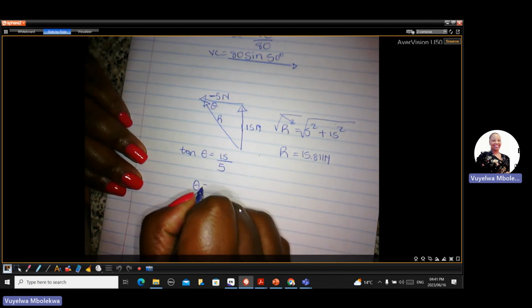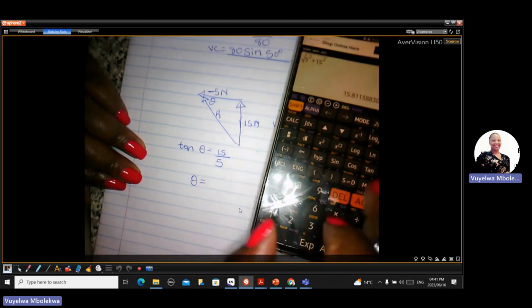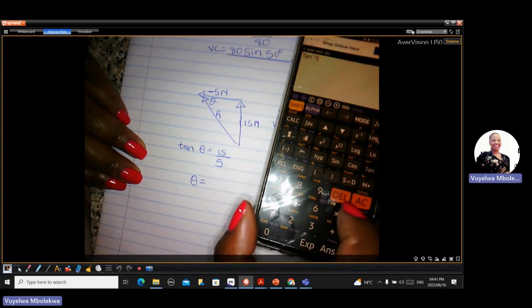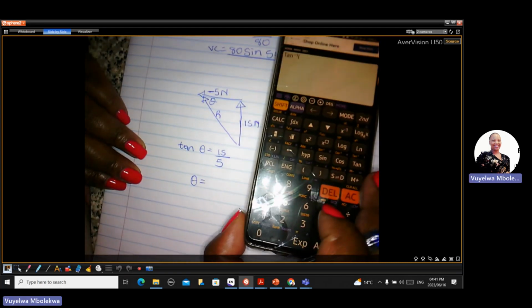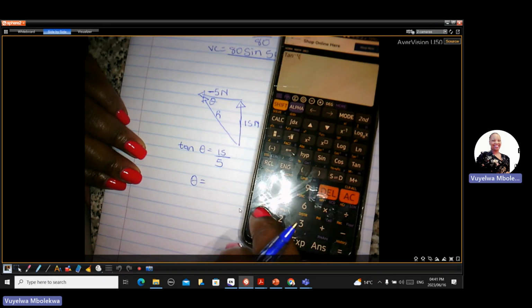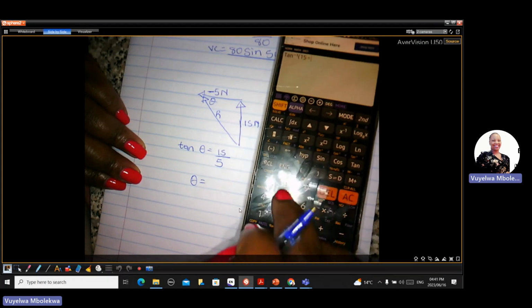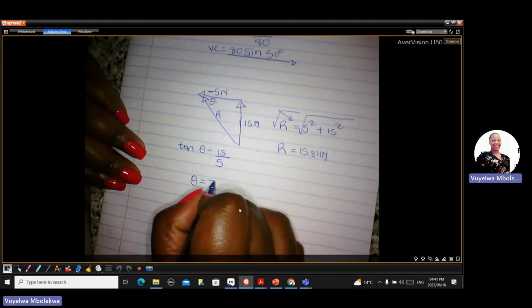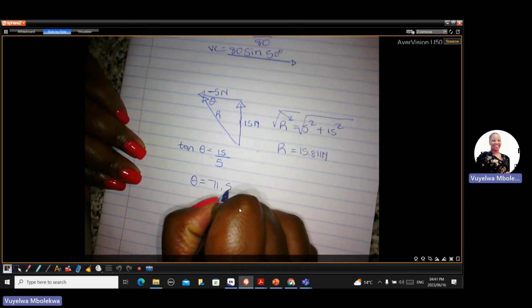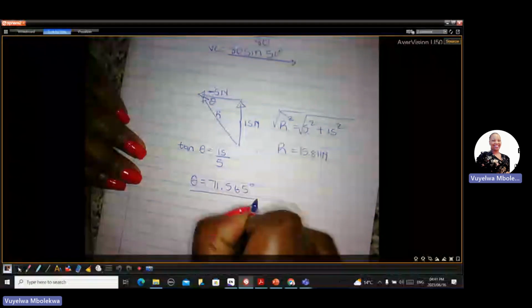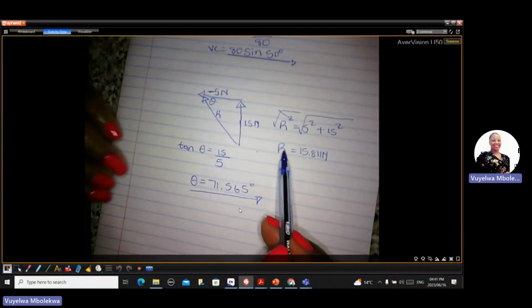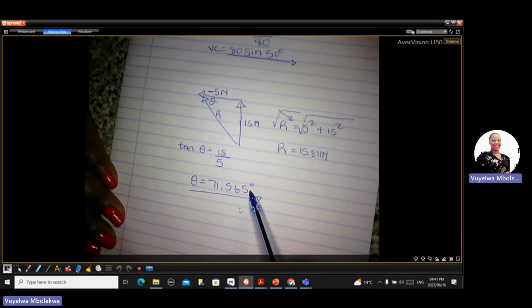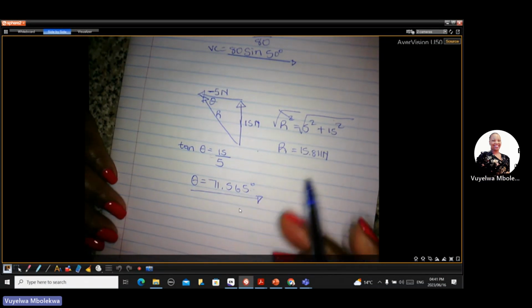So second function tan gives us what? 15 divided by 5, 71.565. Okay. So this is how you calculate your resultant and the direction.